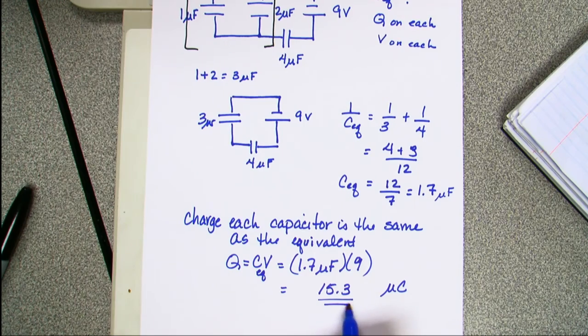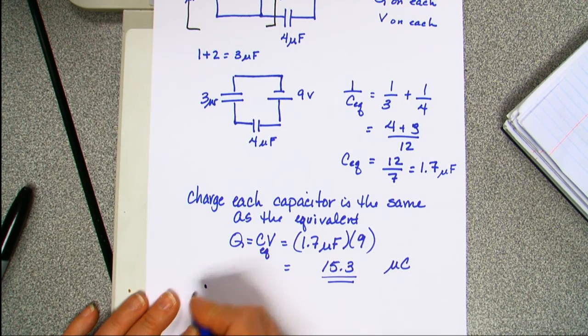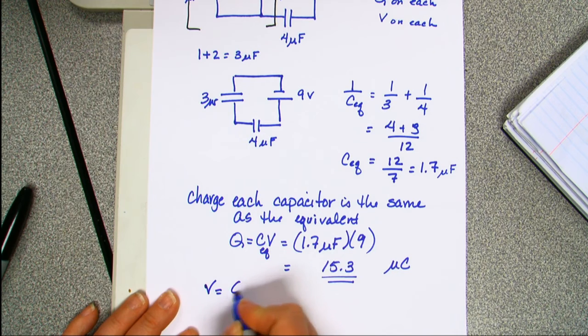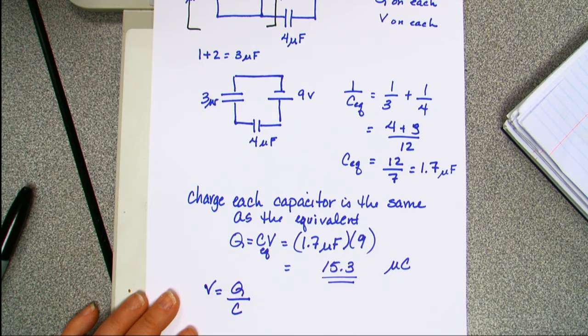Now that I know the charge on each, the voltage on each is going to equal the charge divided by its capacitance. Well, that's going to be 15.3 microcoulombs divided by 4. And then I can do the other. I get my 15.3 divided by 4.